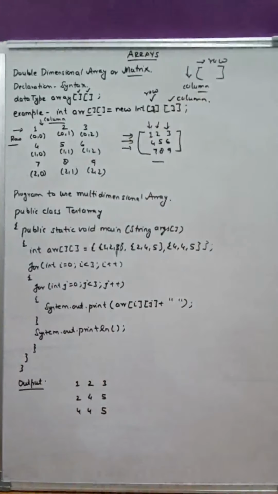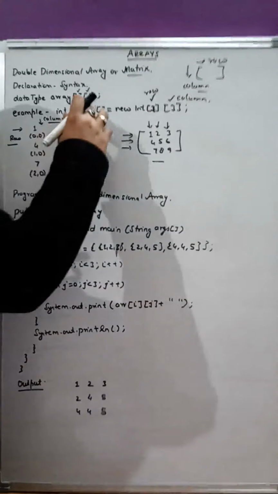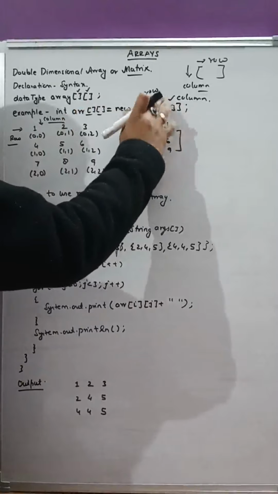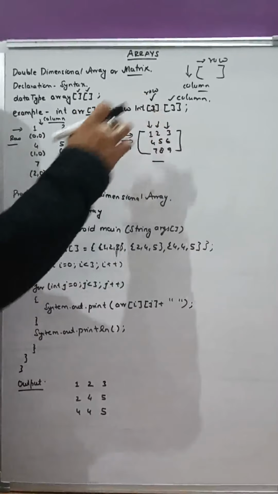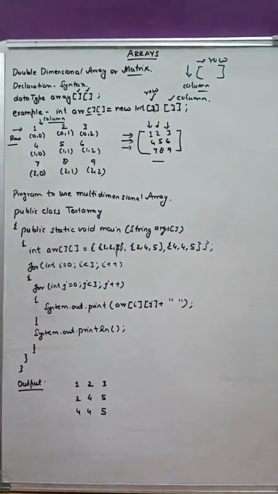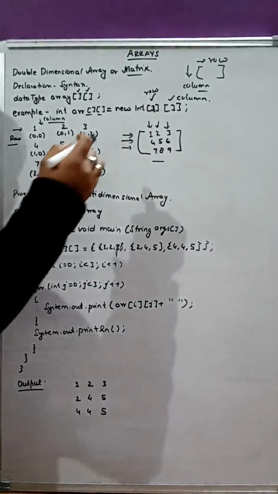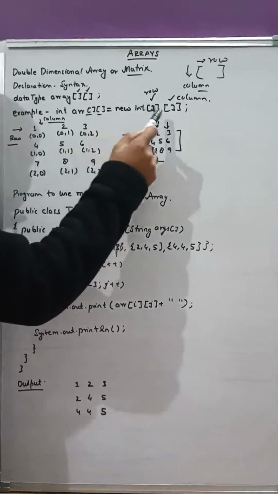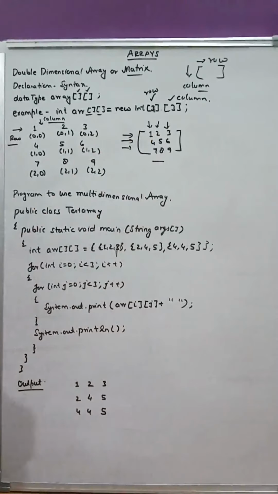In the one-dimensional array the declaration was different, with only a single square bracket. But in case of the double dimensional or matrix form, you have 2 pairs of square brackets, and the same thing is repeated on the right hand side also.